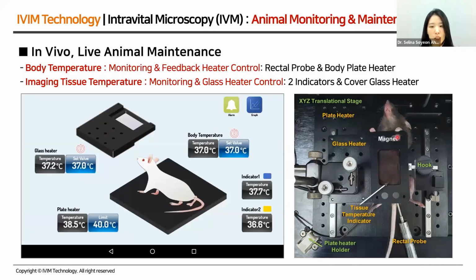And also there's a glass heater for local tissue temperature maintenance of the target imaging organ or tissue. Therefore, we can keep the stable status of not only the body core temperature itself, but also the local tissue temperature of the imaging target organ simultaneously at once.